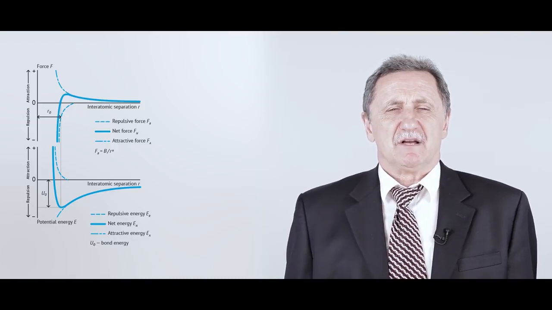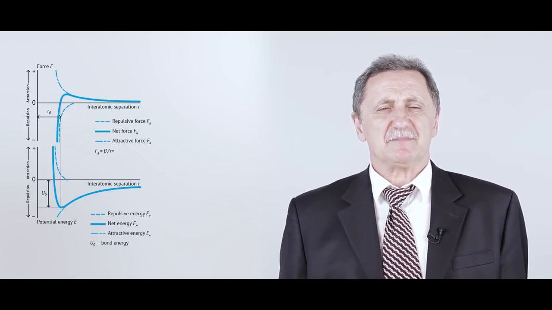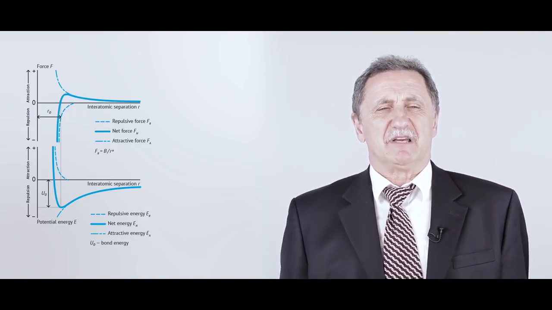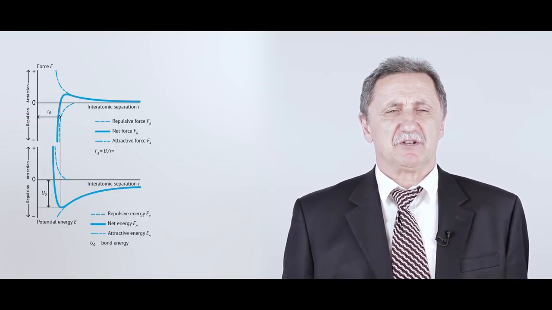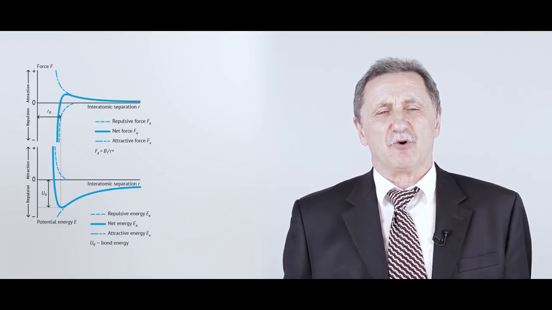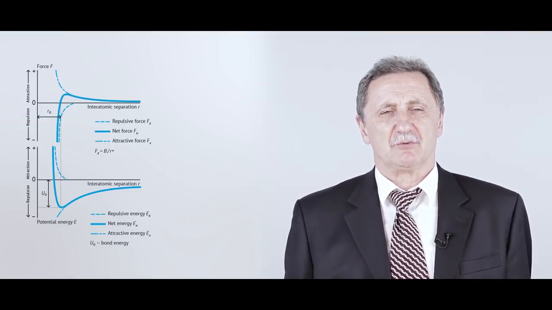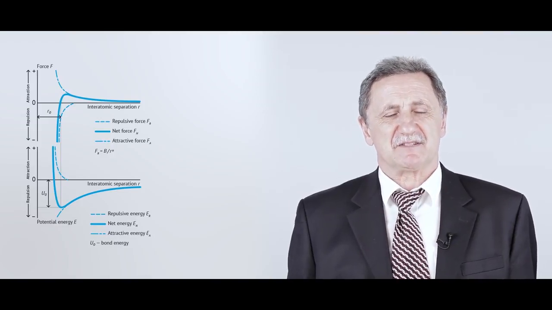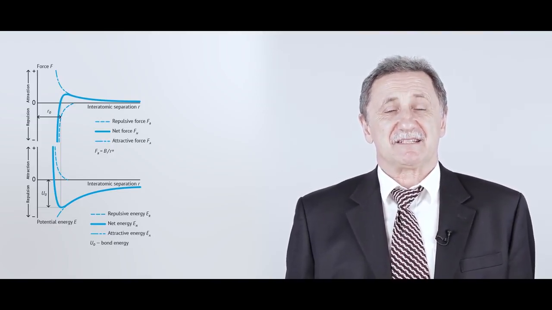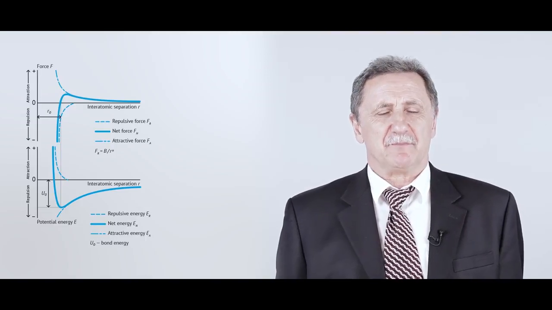Assume that we have these two atoms, and at the beginning they are at a very long, effectively infinite distance from each other. In this case almost no force occurs, and the energy of this system is equal to 0.